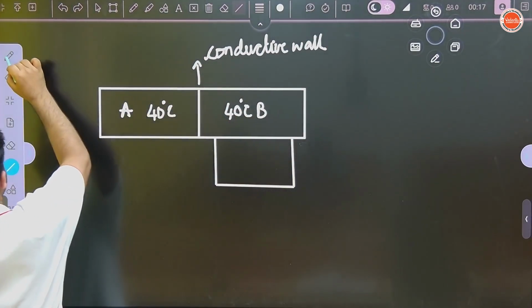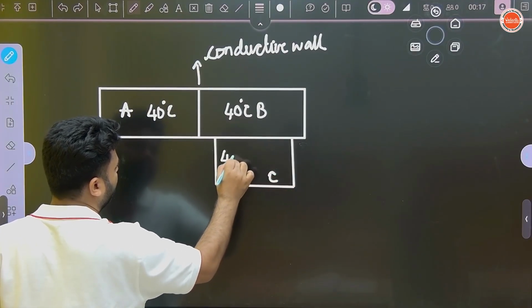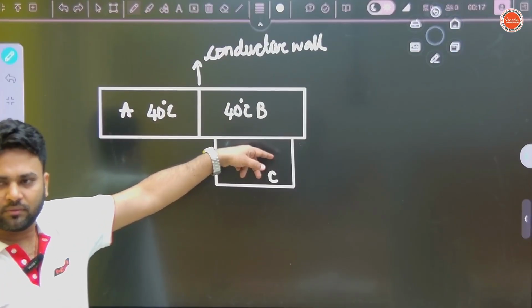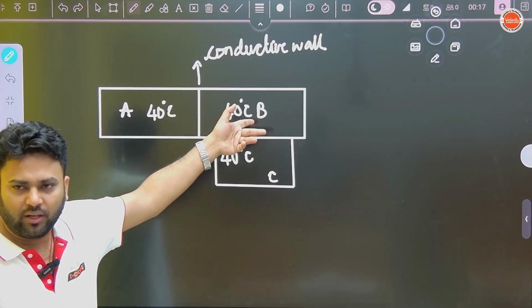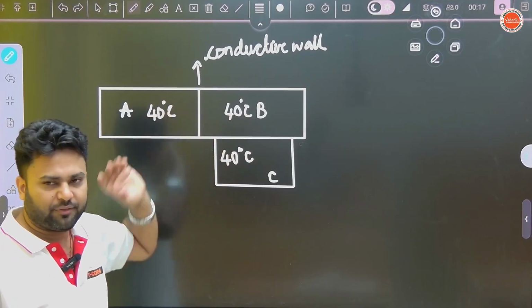Body B is in thermal equilibrium with C, which means here also the temperature will be 40 degrees. If it is not 40, then heat will flow and the temperature will change.